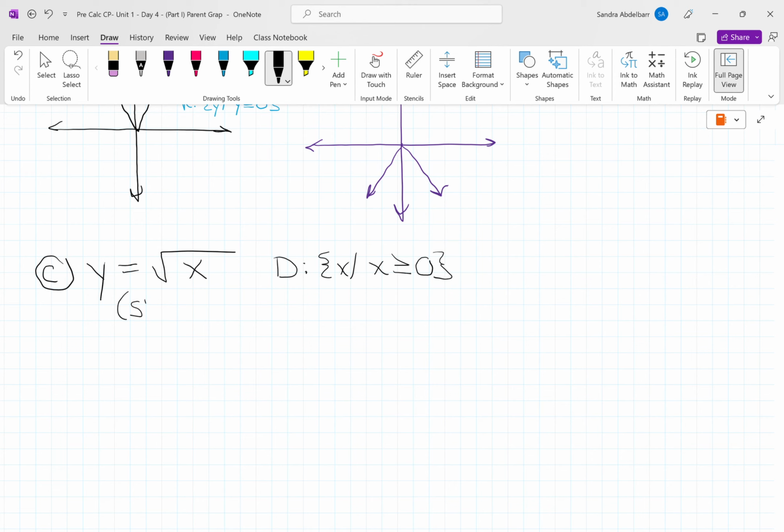Okay, what this looks like, the square root, I call it the shooting star. And what the parent graph looks like here is we're starting at 0, 0, and then we're shooting off to the right. All right, what's the range?